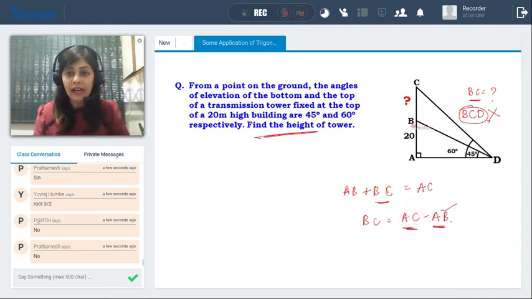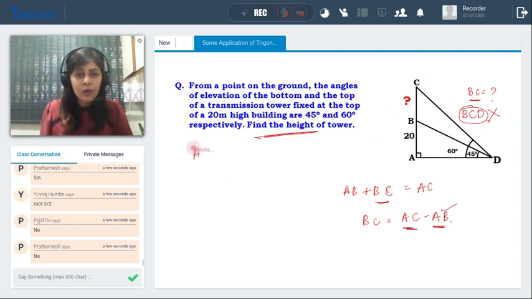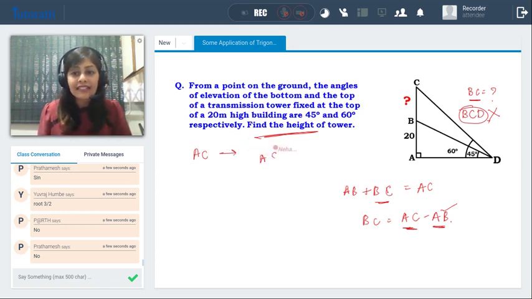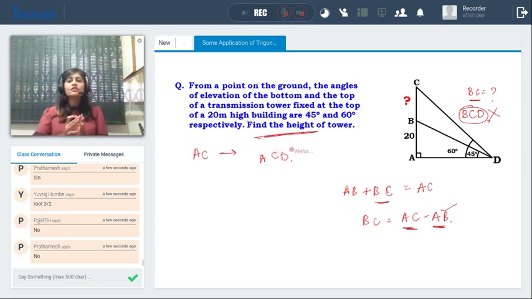So look at AC now. We have to find AC. Students, if you look at AC, only focus on AC now. AC belongs to which right angle triangle? ACD. AC belongs to right angle triangle ACD. Do you know any side from this right angle triangle?